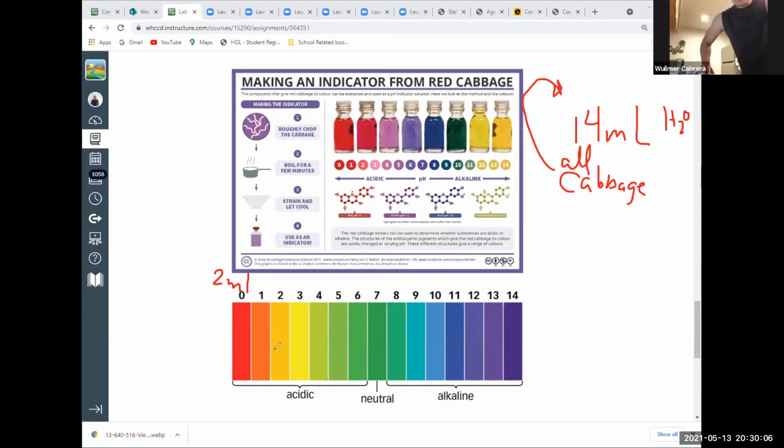And you said the vinegar is supposed to be 5 milliliters, correct? Yeah. My cabbage smells like kimchi or something fermented. The red Kool-Aid looks darker red. It stinks so bad.